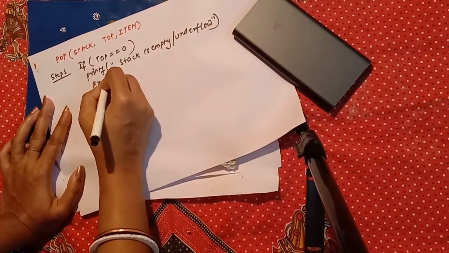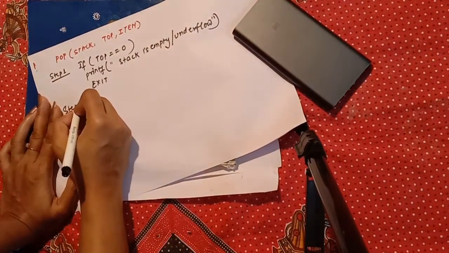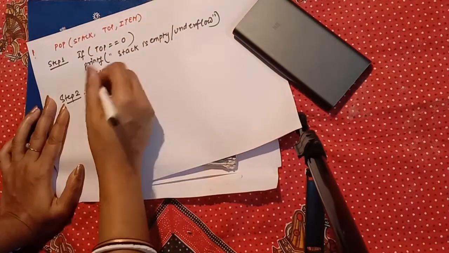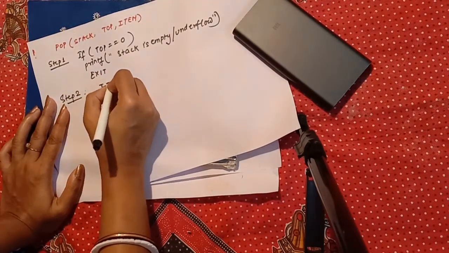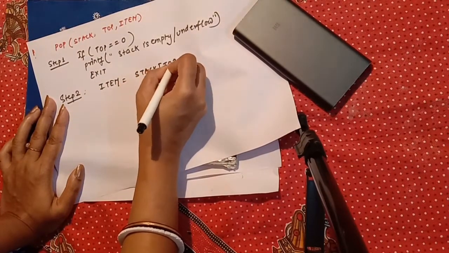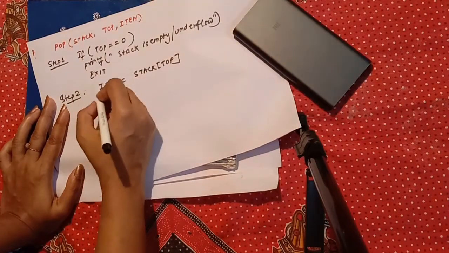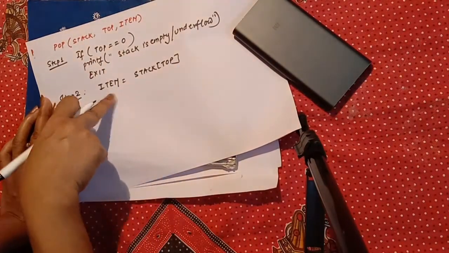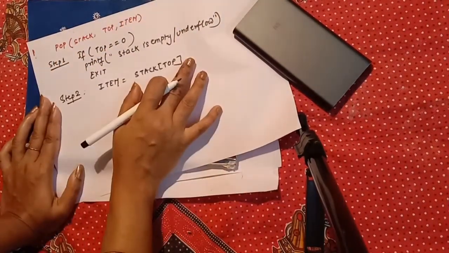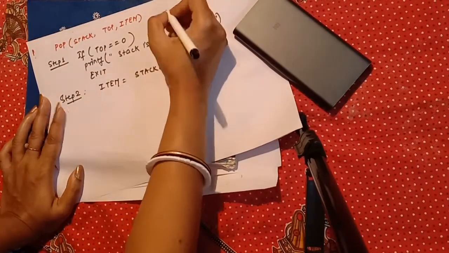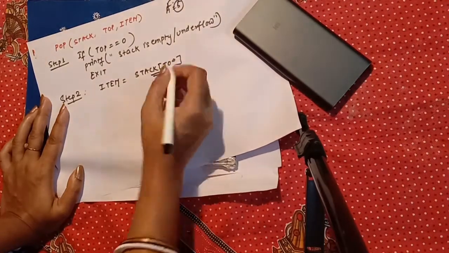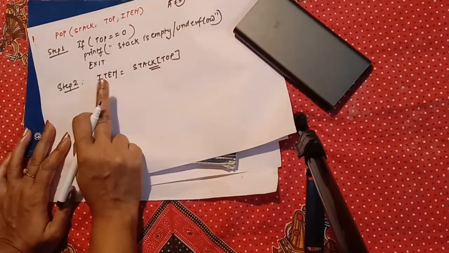Else, if there is an element in the stack, we take a variable, that is item, where we will put the top element of this stack, and then store that element in the variable, that is A. We know from C that when we write A equals 5, it means that 5 is stored in the variable A. Similarly, the value of stack of top will be stored in the variable item.